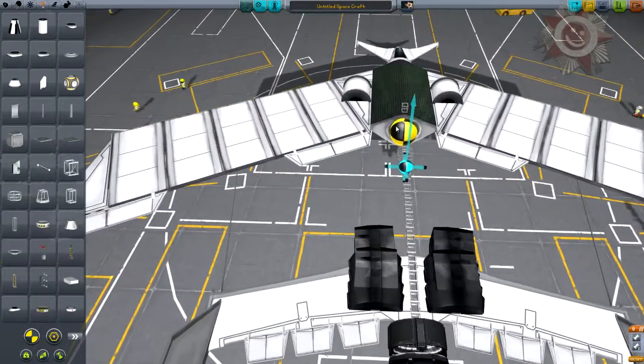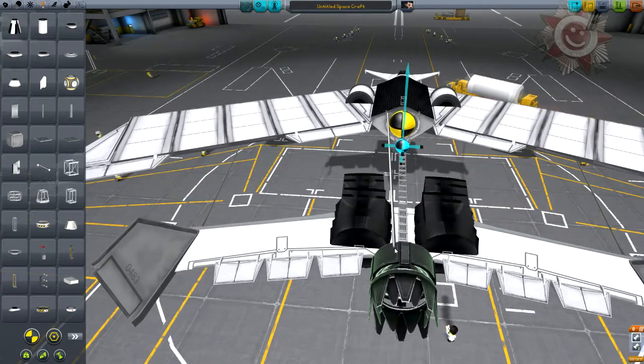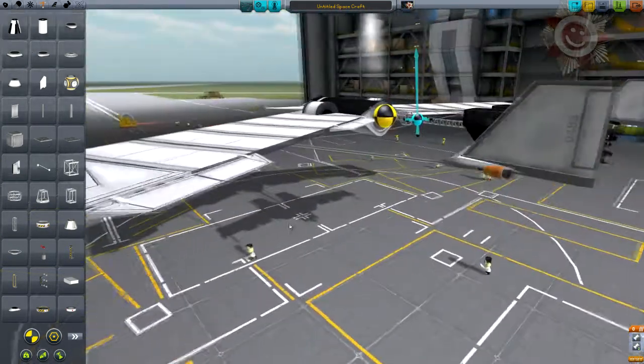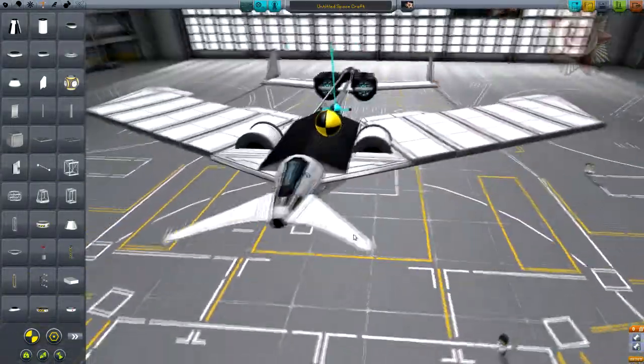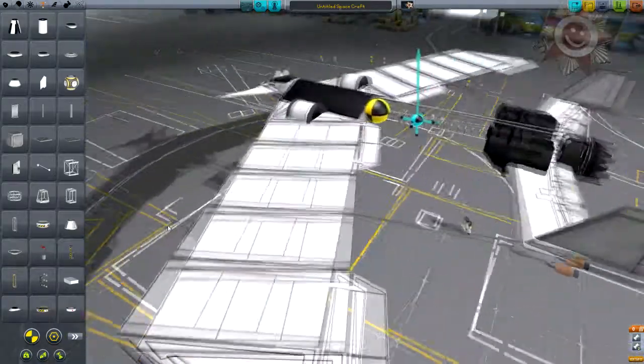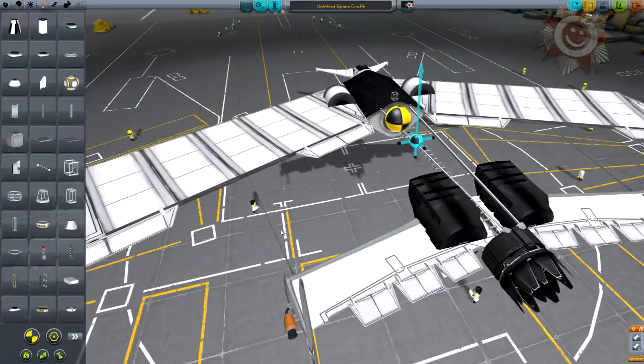Maybe have struts going to the tail also. I think that this plane won't wobble a bit. This should be good.